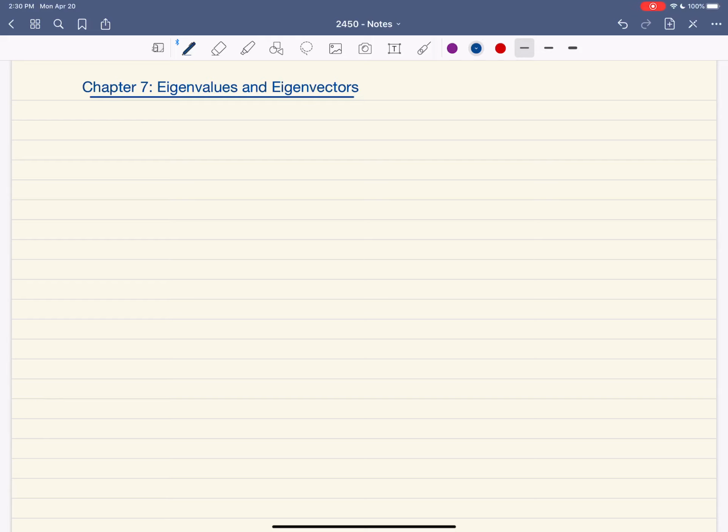So let T be a linear transformation from a vector space V to itself. Let's suppose that V has dimension n.